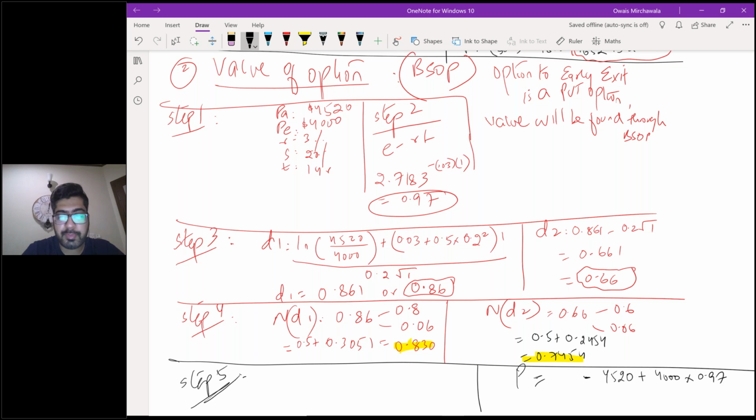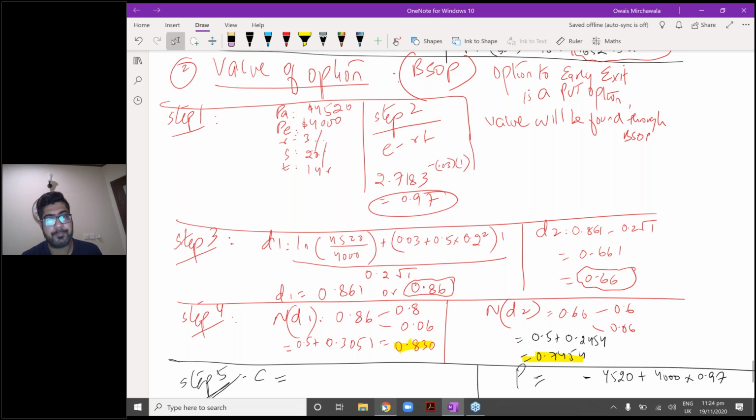That means for this purpose, I would be needing call value. First find call value as well, because to find the value of put, you need the value of call as per the formula.